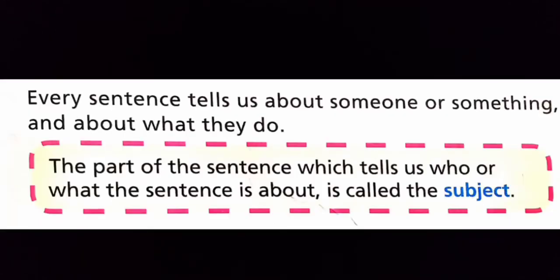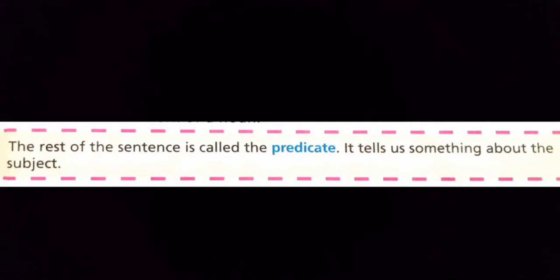So, the part of the sentence which tells us who or what the sentence is about is called the subject. And the rest of the sentence is called the predicate. It tells us something about the subject.